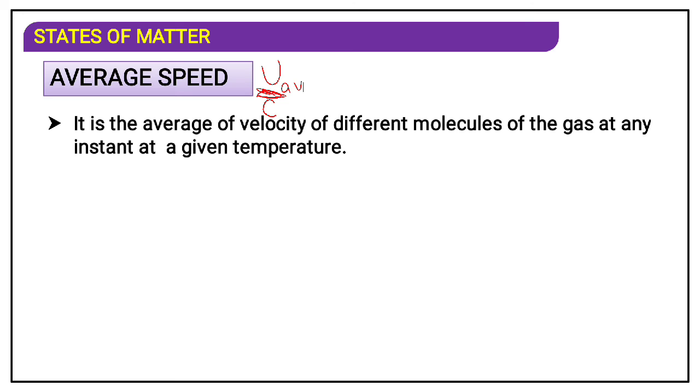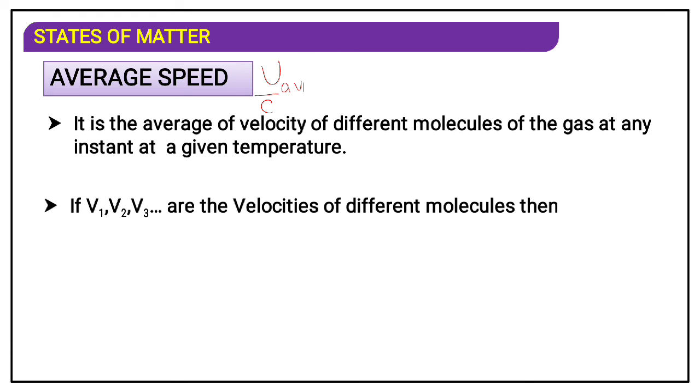What is the meaning of average velocity? It is the average velocity of different molecules of the gas at any instant at given temperature. Means at a particular instant of time, we have to calculate the average speed of all the molecules. For that we have the following formulas.